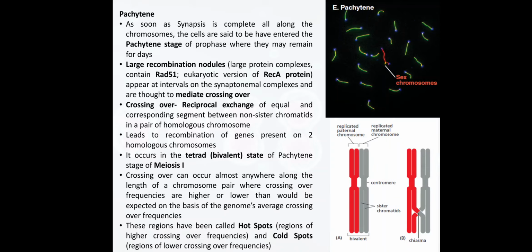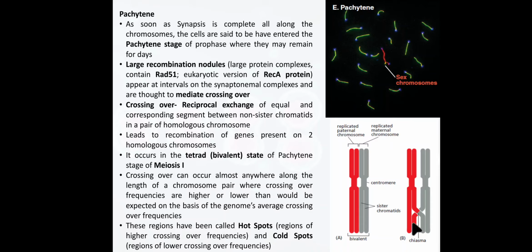In the prokaryotic version, it is RecA, that is recombination A protein. So there is a major process happening here, that is crossing over. Crossing over is a reciprocal exchange of equal and corresponding segments between non-sister chromatids in the pair of homologous chromosomes.